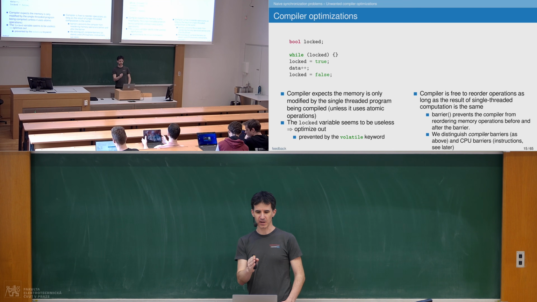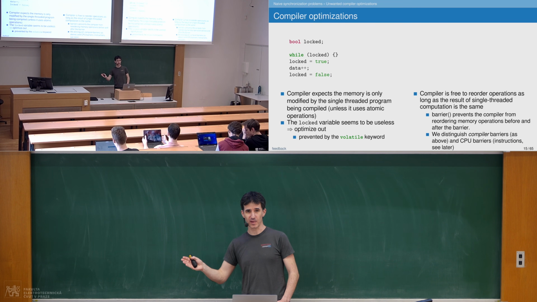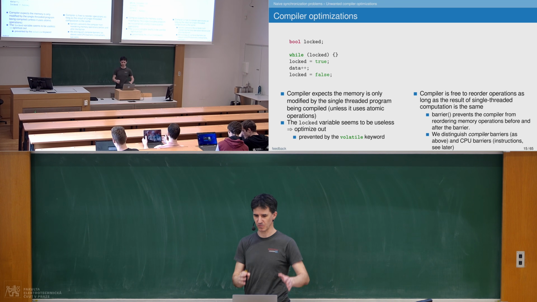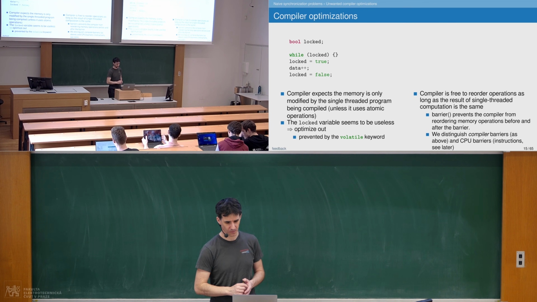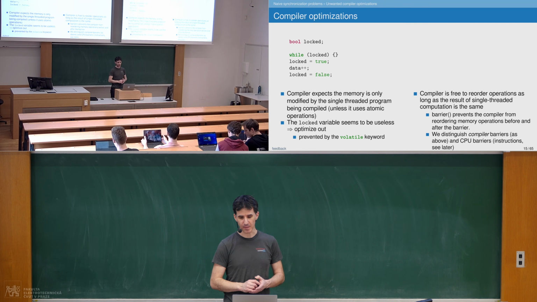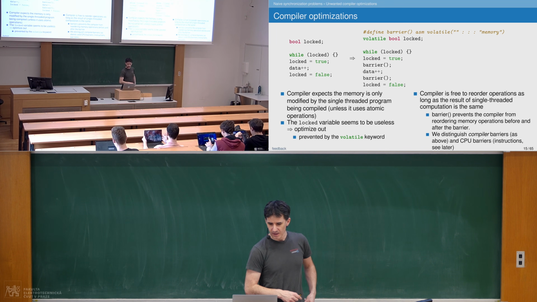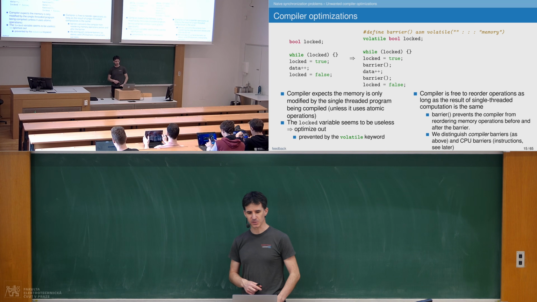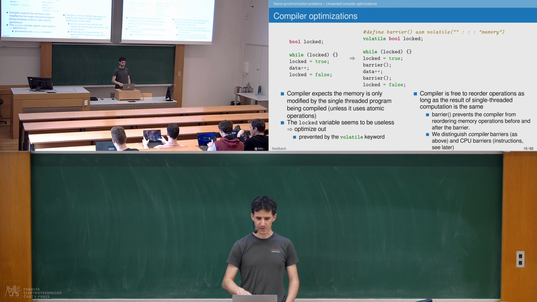So this is the compiler barrier, and later we will talk about hardware barriers. The principle is the same, but one is for the compiler, another is for hardware. So with all those things together, we can change our code like this.